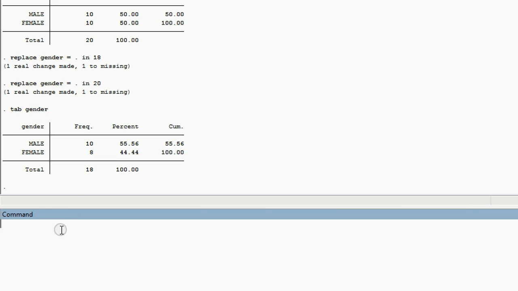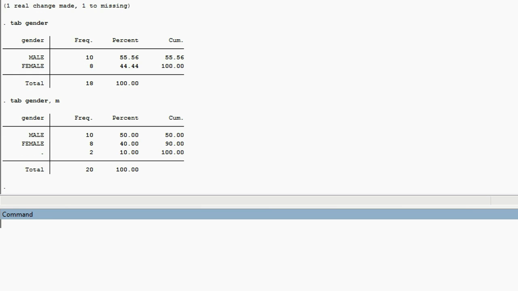However, if I do this, tab gender, then put a comma, space, and then the letter m for missing, now it tells us the real truth about that variable. The truth about the variable gender is that there are 10 observations that are male, there are 8 that are female, and there are 2 that are missing.